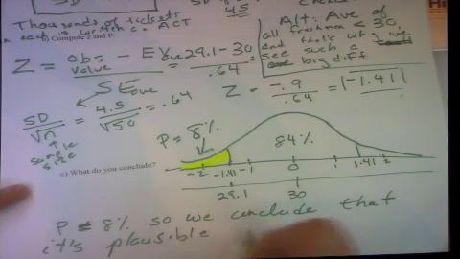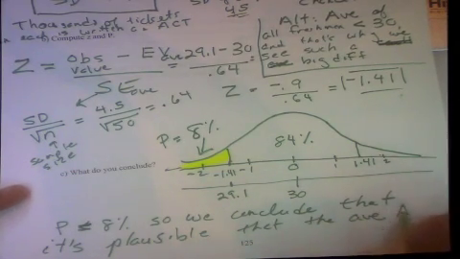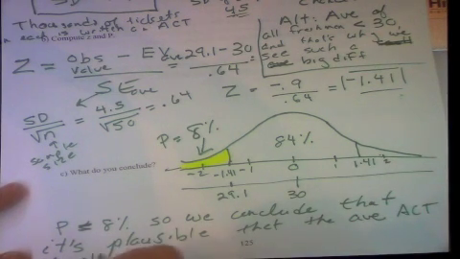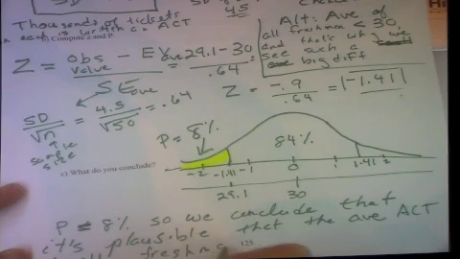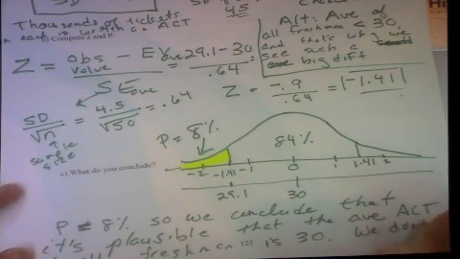It's plausible that the average ACT of all freshmen is 30. We don't have enough evidence to convict, basically.